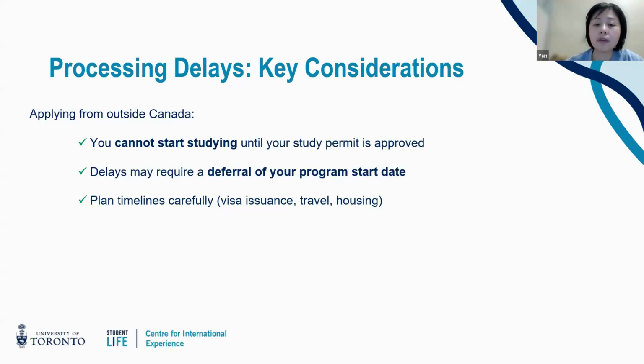Okay, so for example, if you are a newly admitted student at University of Toronto, you're happy, your program is scheduled to start in September 2026. You have submitted your application in April 2026 and you think that's all set. Okay, so I will just wait for the study permit and then I can start my study in September.